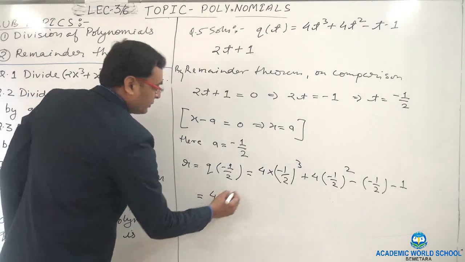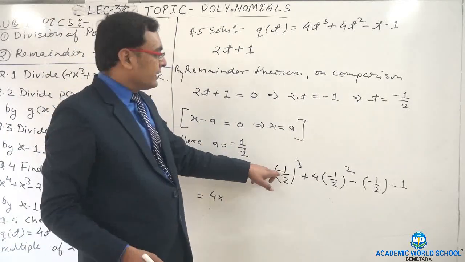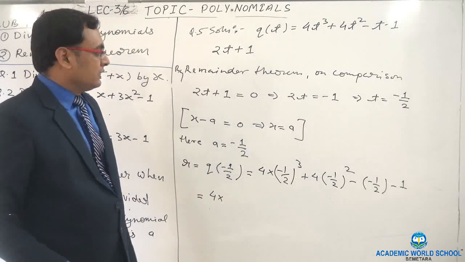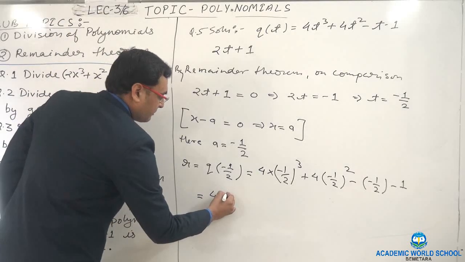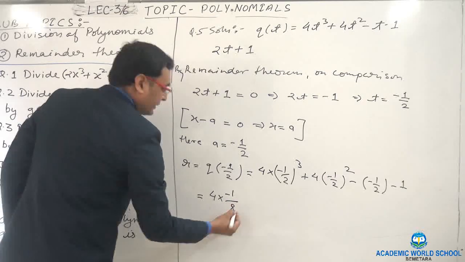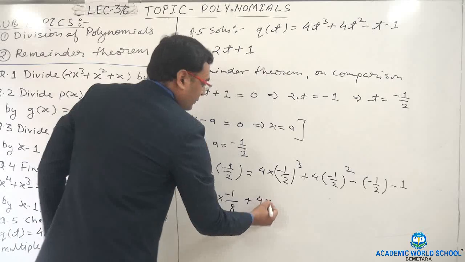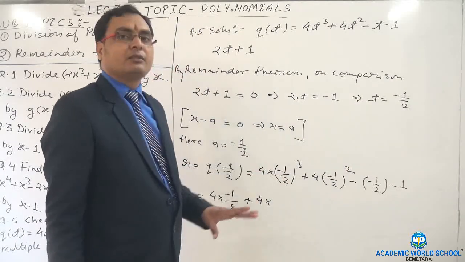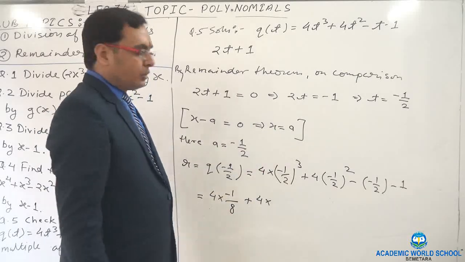4 into minus 1 to the power 3. When we do the power of any negative number to odd numbers, we always get answer in minus. So minus 1 to the power 3 is minus 1 upon 2 to the power 3 is 8 plus 4 into minus 1 to the power 2. When we do the power of a negative number to even number, even times, then we get answer in positive.